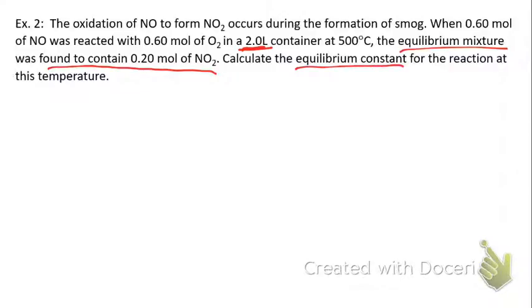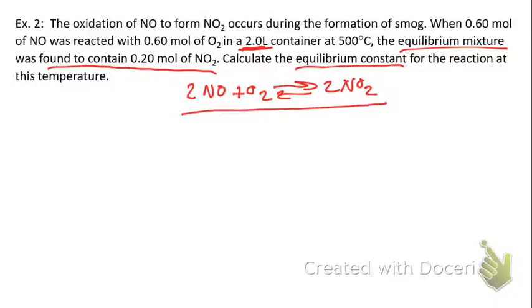All right, so we're going to write out our chemical reaction here. We should have 2 NOs. I'm just going to write out the balanced equation for this. It forms an equilibrium with 2 NO2s, and they're all gases as well, so they're all going to be found in the equilibrium expression. So I'm going to make an ICE box here.